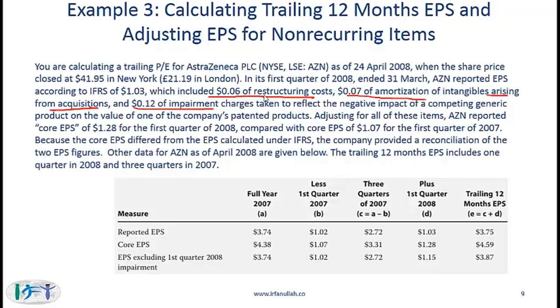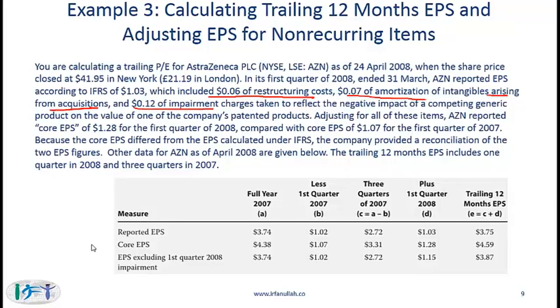So a 0.06 per share charge for restructuring, 0.07 amortization of intangibles arising from acquisitions. There's an impairment charge. So does it make sense to potentially adjust out these numbers when making forward-looking projections or when making comparisons? The answer is yes.